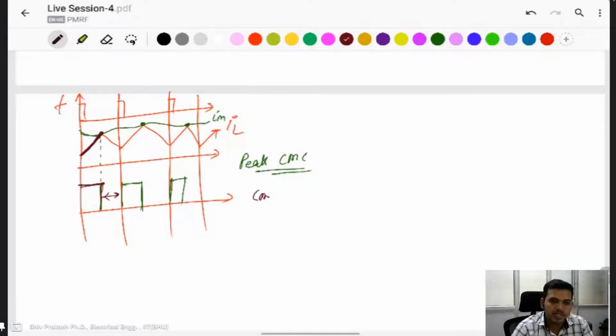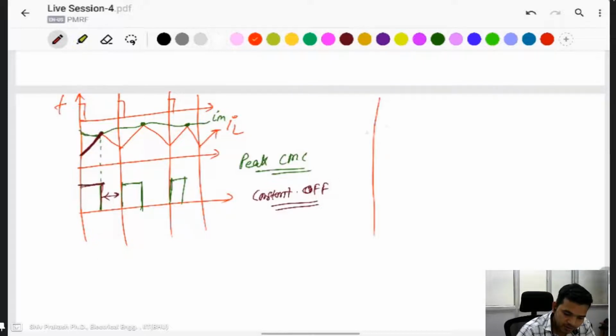If the frequency changes, the D also will change to give a constant output voltage. If the frequency is changed and the duty ratio is not changed, this means output variation here, and this one is known as constant off time control. Same we draw for the Valley CMC.